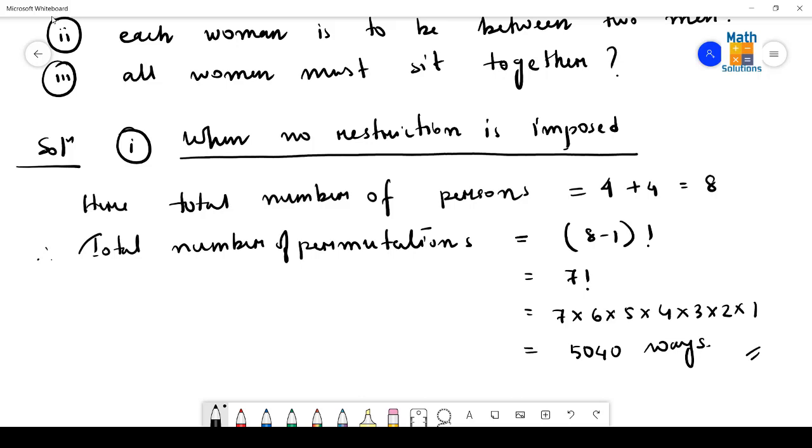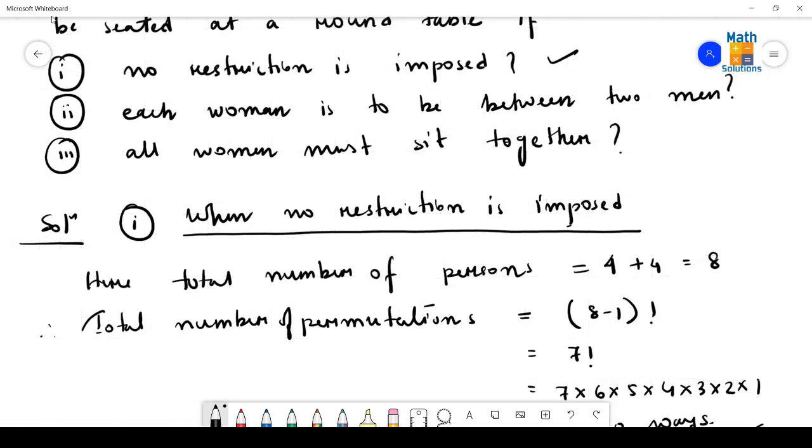Then coming to the second one. In the second case each woman is to be between 2 men. That means each woman should be found in the gap between 2 men.